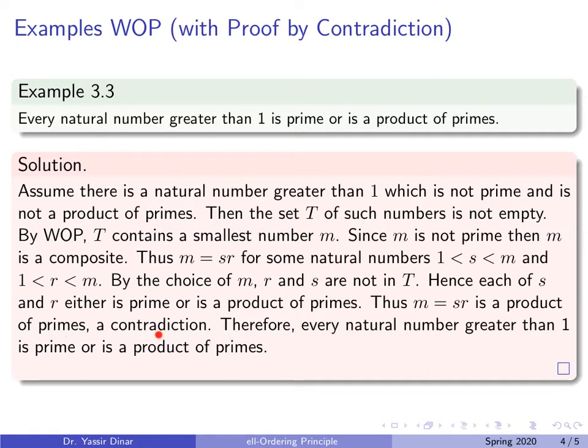And this gives me a contradiction, since we selected M to be in T, and T contains numbers which are not products of primes, and then we found that M is a product of primes. This is my contradiction. Therefore, my assumption is wrong, and that means every natural number greater than 1 is prime or is a product of primes.